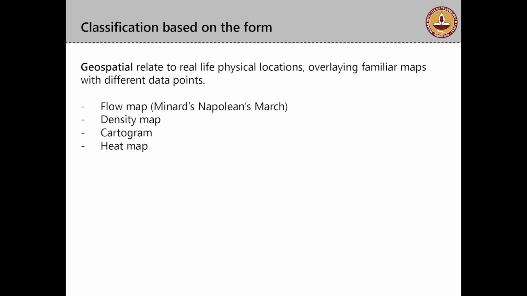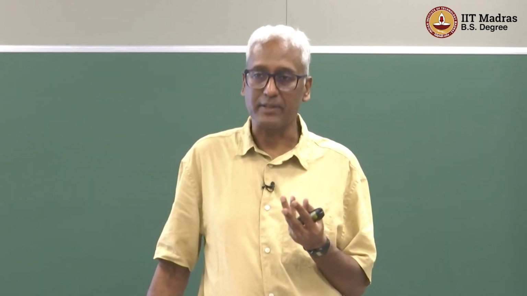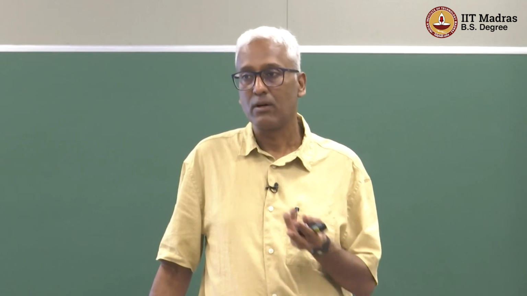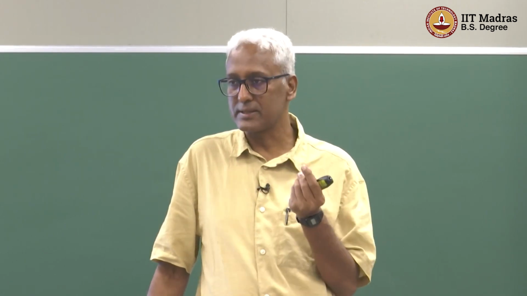Okay, so then we can also think about classifications. So this is the most simple, right? If you look at most of these authoring tools that are available for you to create visualizations, which do not require too much technical expertise, such as Flourish or Datawrapper or Tableau, you might have heard about these tools.